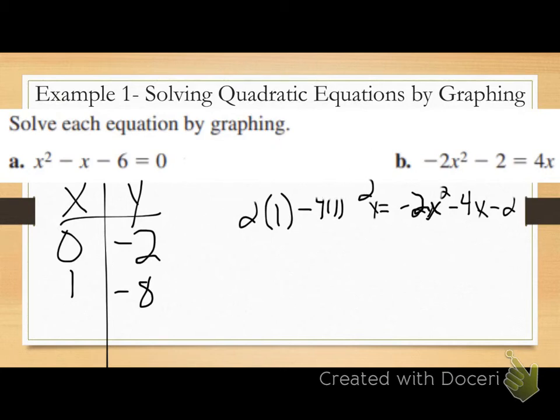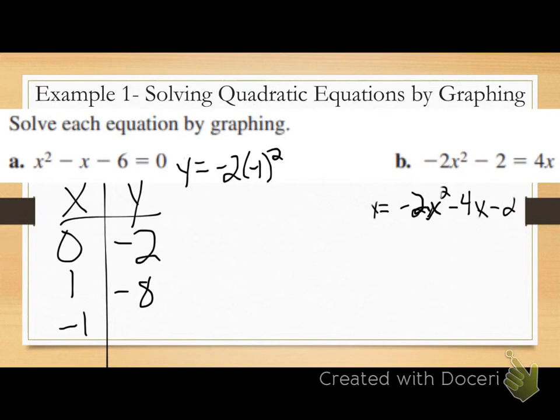Okay, let's pick another value to plug in. Negative 1. Y equals negative 2 times negative 1 squared minus 4 times negative 1 minus 2. Am I moving too fast for anybody, or do I need to slow down? We good?